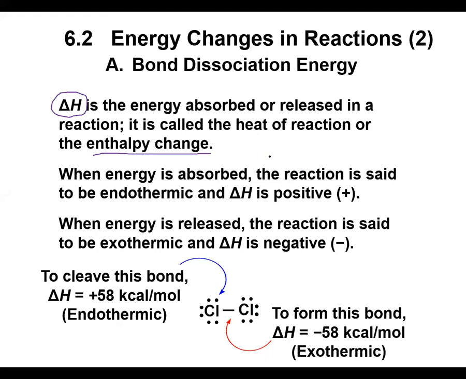And the delta H is used the same way to demonstrate either endothermic or exothermic. You could do this for an overall reaction. So if you take all of your products and all your reactants and you want to do it for energy: on the reactant side, we have to break all those bonds.